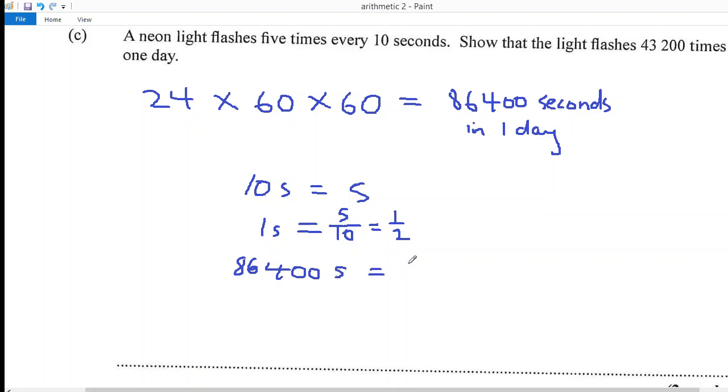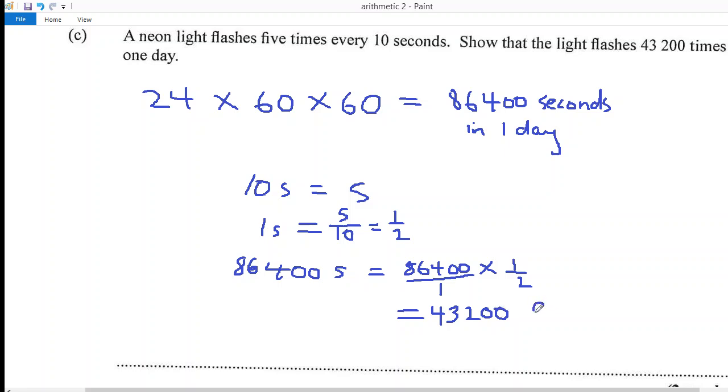we get 86,400 multiplied by a half. So this will be 86,400 over 1 multiplied by a half, and 2 into 8 is 4, 2 into 6 is 3, 2 into 4 is 2, 2 into 0 is 0, 2 into 0 is 0, right?